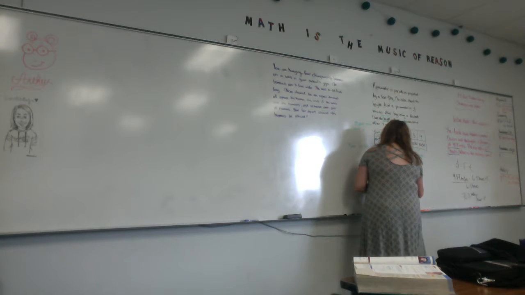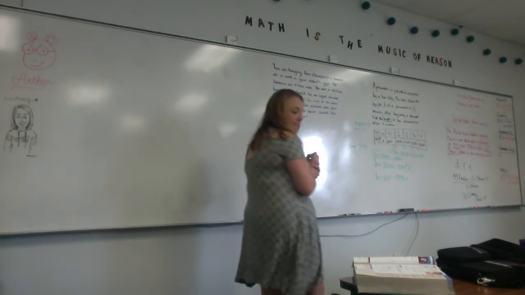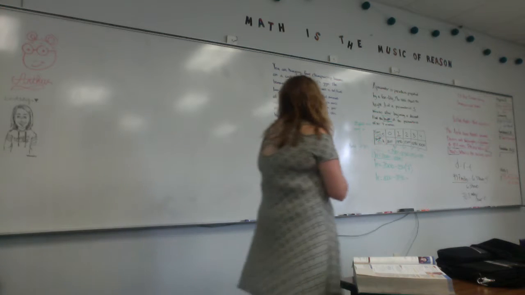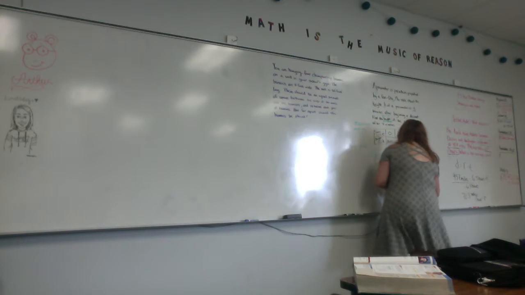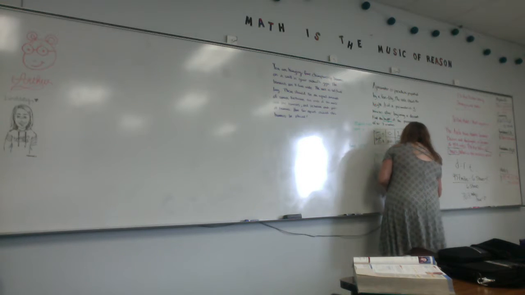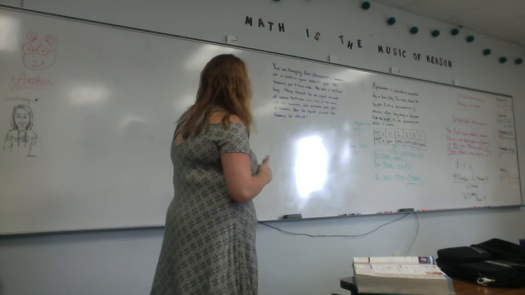And what does 2,000 minus 1750 come out to be? 250 feet. And your answer has to have feet with it. So after 7 minutes of falling, you're only 250 feet above the ground.